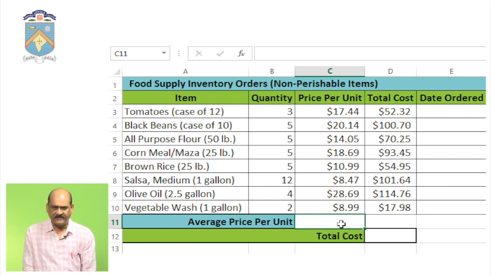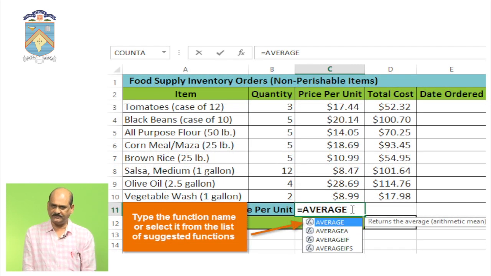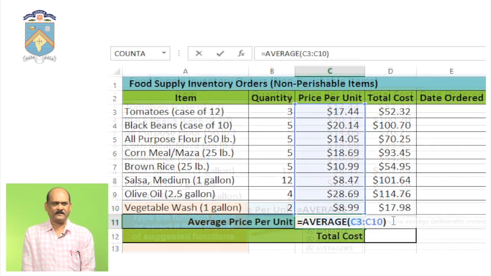What I would like to do here is the calculation of the average price per unit. So, already there, highlighted with a blue color, is the average price per unit, and I use the formula of average, with a parenthesis C3 colon C10, because the data starts with C3 and ends with C10.